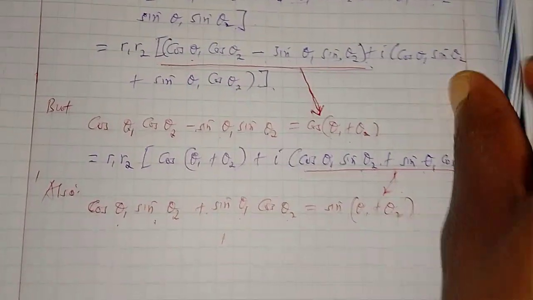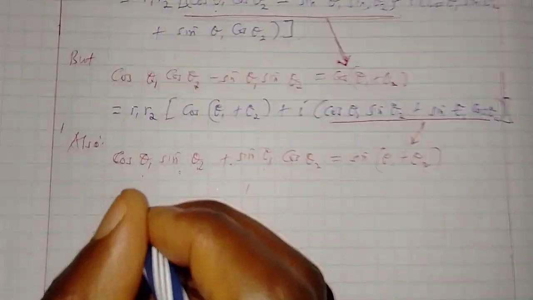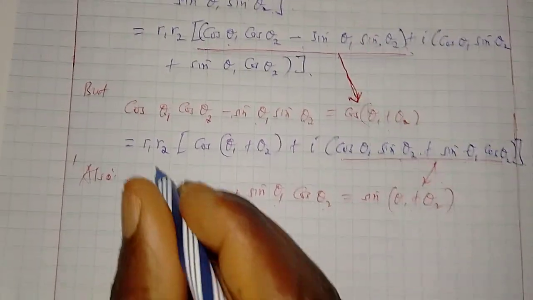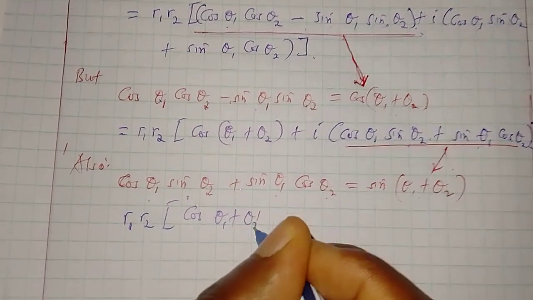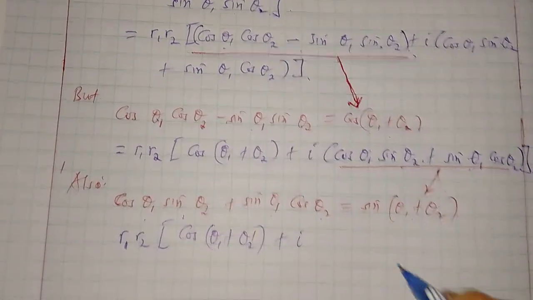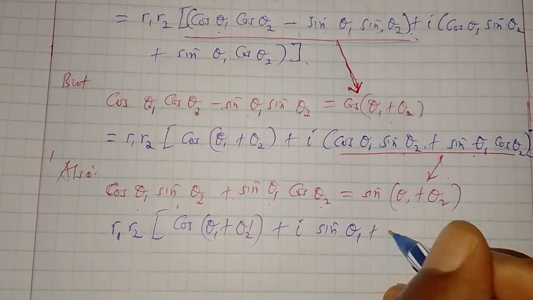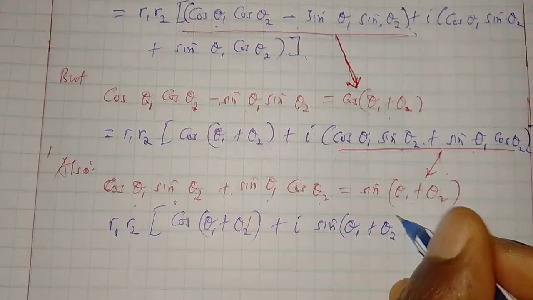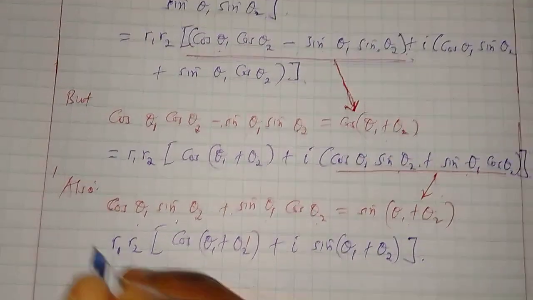So we can substitute this one with this one and say that r1 r2 into cos of theta1 plus theta2 plus i sin of theta1 plus theta2.